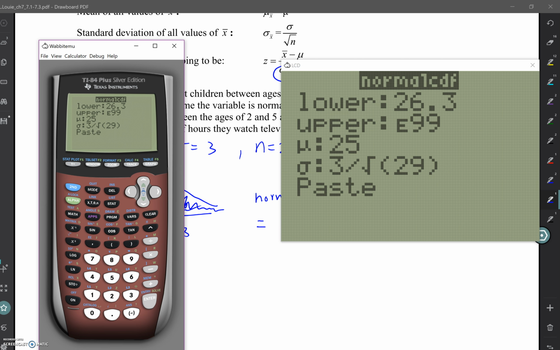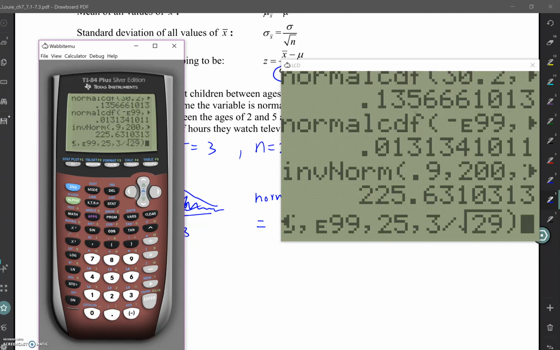The square root is hiding under the squared button, so you'll have to hit second to get your square root, because it's not one of the top buttons. Did everybody find it? So all I need to adjust is that standard deviation portion. And then I will calculate.